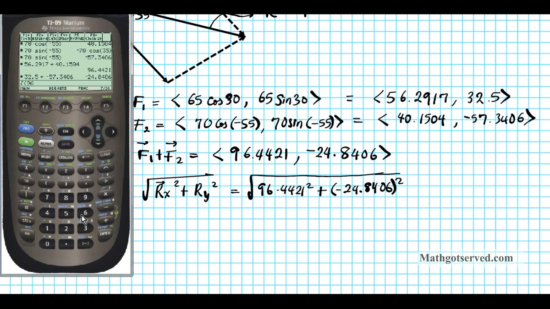Alright, so the magnitude of the resultant vector r is 99.5898 pounds.